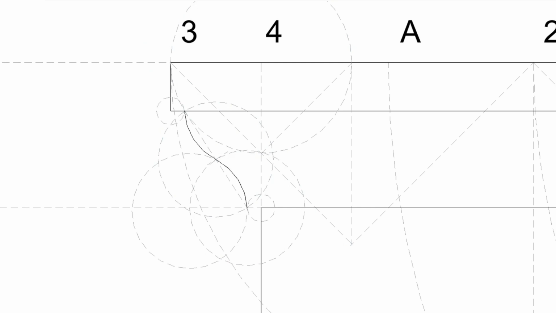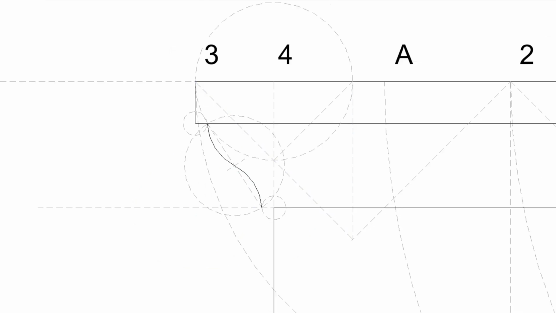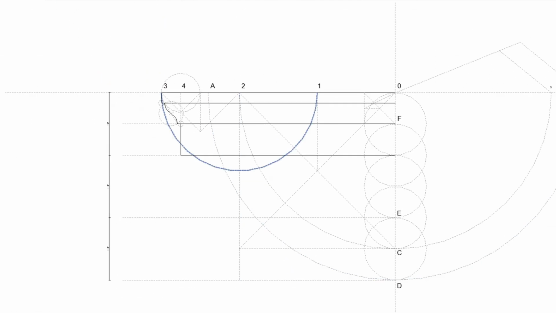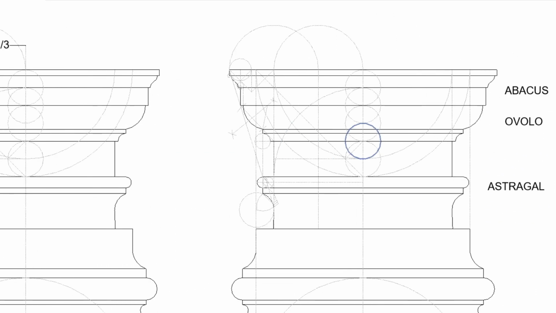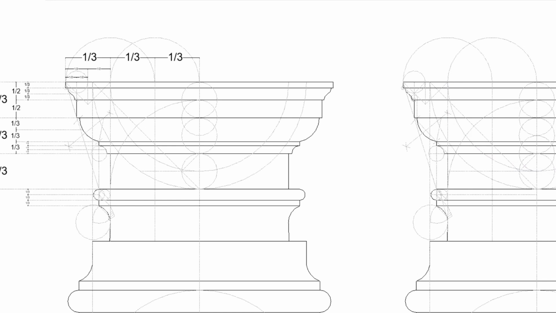Then from this point, because we're looking for this part of the S-bend, over here. There you go. Pretty cool. And I'll just extend that across to meet the S-bend there. So there you go. That's the abacus completed. Pretty easy. And again, when you practice this enough times, you can do this very, very quickly.